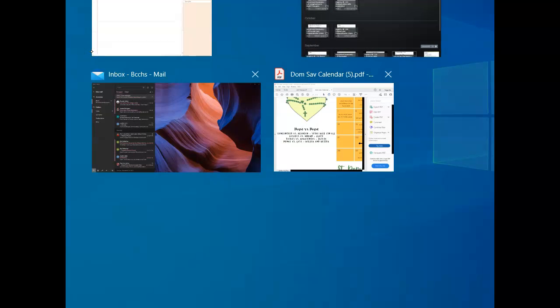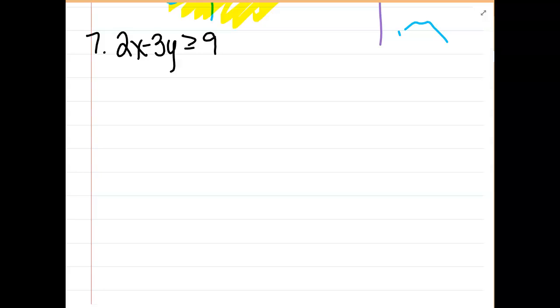Okay, number 7. Number 7 says 2x minus 3y is greater than or equal to 9. All right, what's my first problem here? It's not in y equals, which is not a big deal because we're really good at that now.